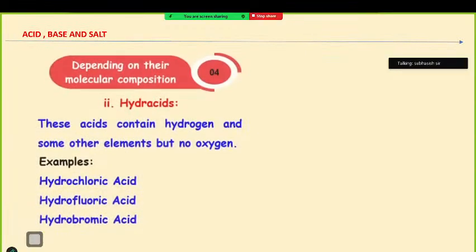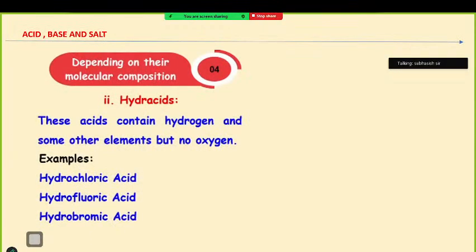Now, another type of acid is the hydracid. A hydracid contains hydrogen and some other non-metal, but no oxygen. There must not be oxygen present in this case.